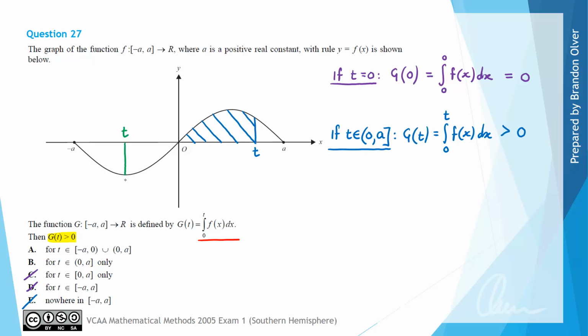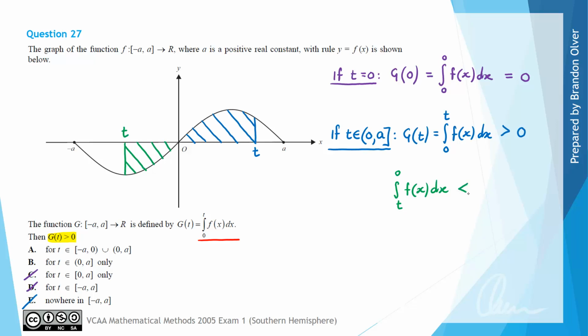I'm going to start with a little diagram. So this is the area that we're going to consider. And if we were just going to calculate that integral directly to get an area for that, we would have the integral of t to 0 of f of x dx, and that would calculate the integral for this region here.